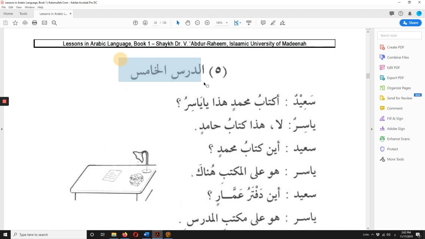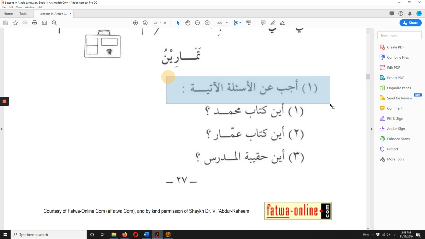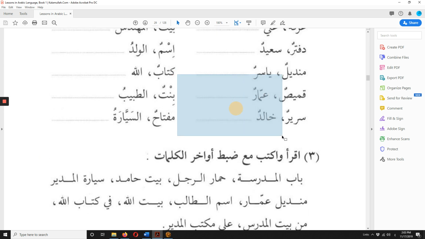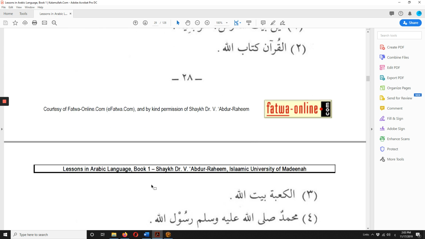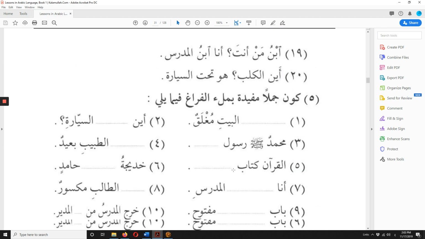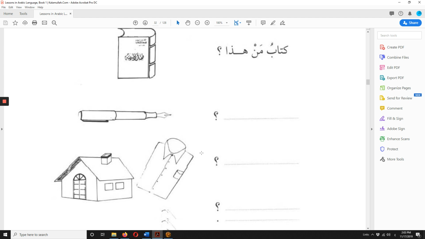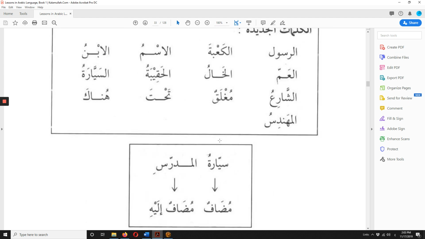If you go to lesson 5 there, you can find the English answer key, which translates a lot of the instructions and gives you the answers a lot of times. Otherwise, the website kalamullah.com has an answer key there too. Go through all the exercises, do them yourself, and inshallah, you'll learn all these rules really well.